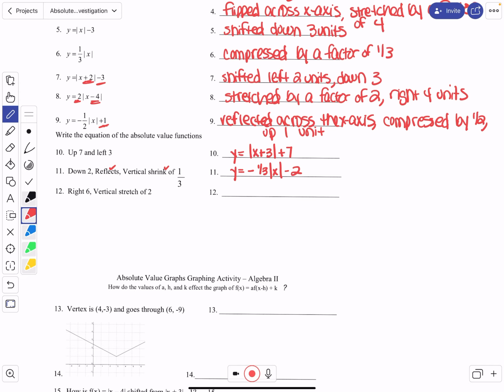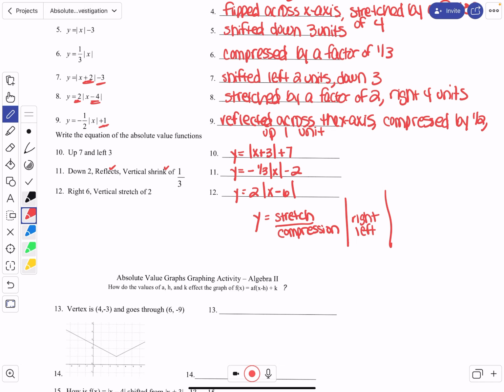Okay, vertical stretch of 2, that's going to go out front, and then right 6, so that's going to be -6 on the inside. So remember, inside is going to be right and left. So if you want to think of it like this, out front is going to be a stretch or compression. Okay, then you've got your absolute value, which is going to be right or left.